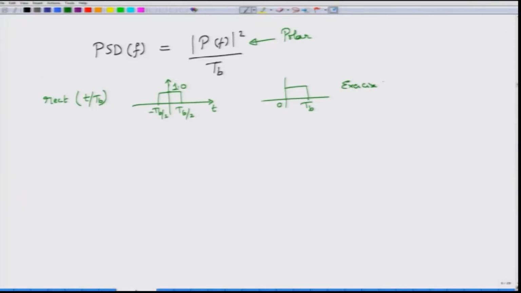I will leave this as an exercise to show that the PSD that you obtain for this pulse would be the same as the PSD for this pulse. The shape of the pulse, with the amplitudes being the same, has to be the primary concern, not its location. So, this is what we are going to consider for a rectangular pulse.